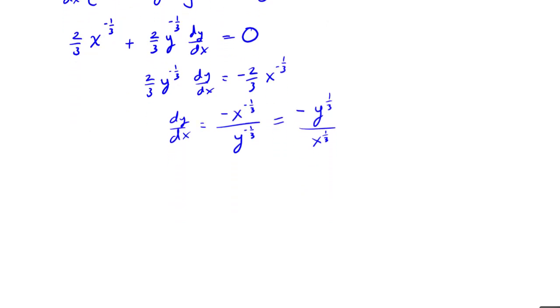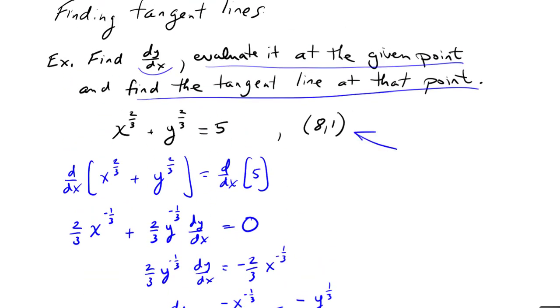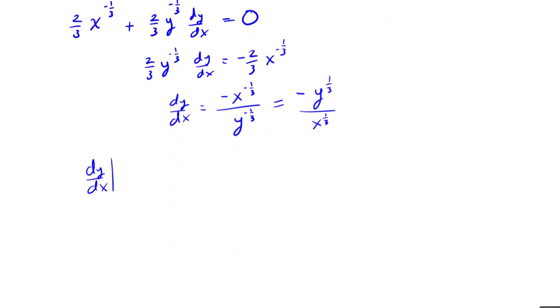Okay, so if I want dy/dx evaluated at the point (8, 1), that would just be minus, so y is 1, 1 to the 1/3, over x is 8, 8 to the 1/3. In other words, negative 1 to the 1/3 is just 1. 8 to the 1/3 is the cube root of 8, which is 2. And so there we go.